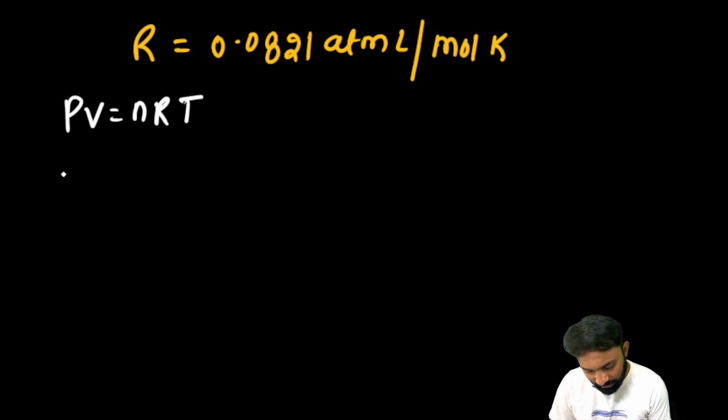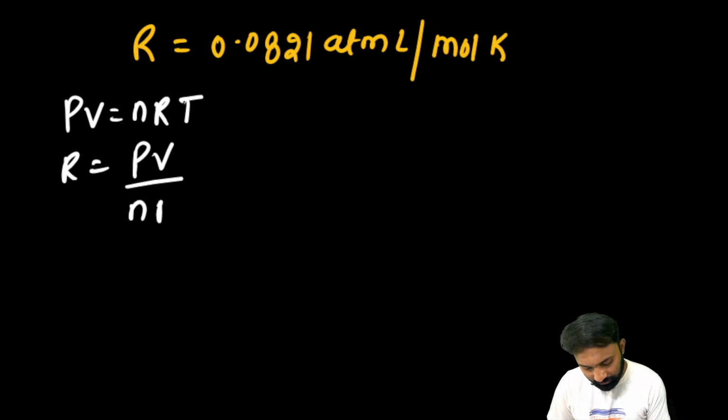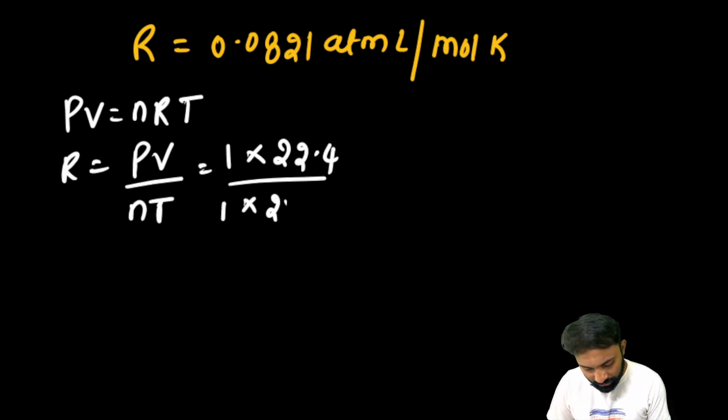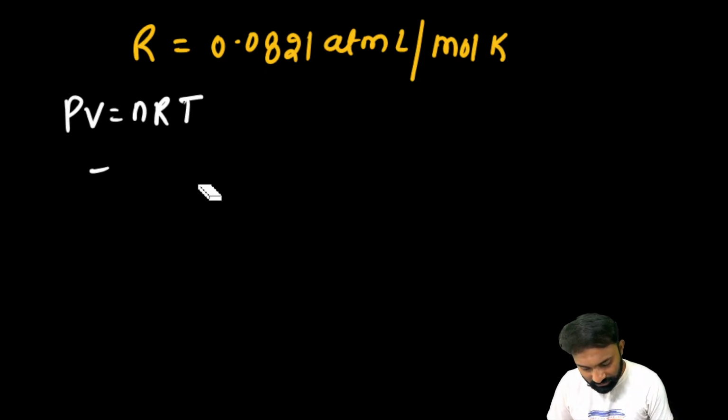PV is equal to nRT, so R is equal to PV by nT. Now at STP condition, volume occupied is 22.4, number of moles 1, and temperature 273 Kelvin. If you do that, you will get 0.0821, as I explained very clearly. Clear?